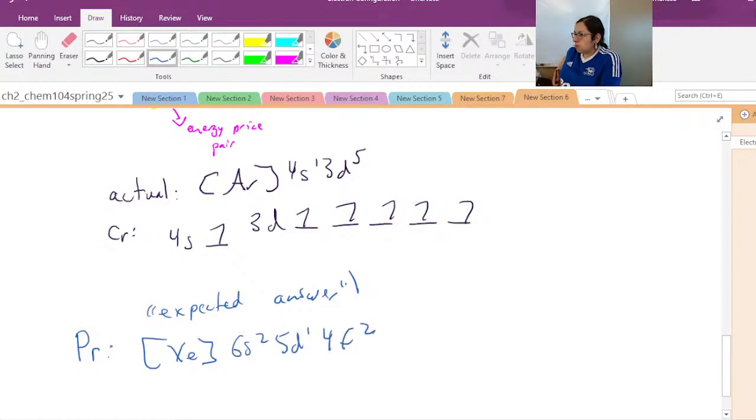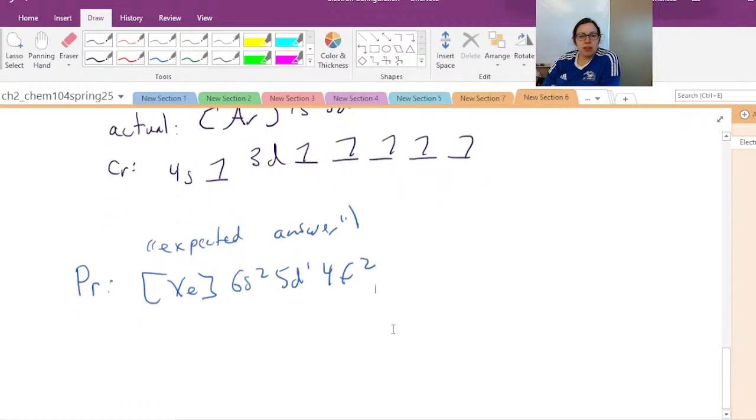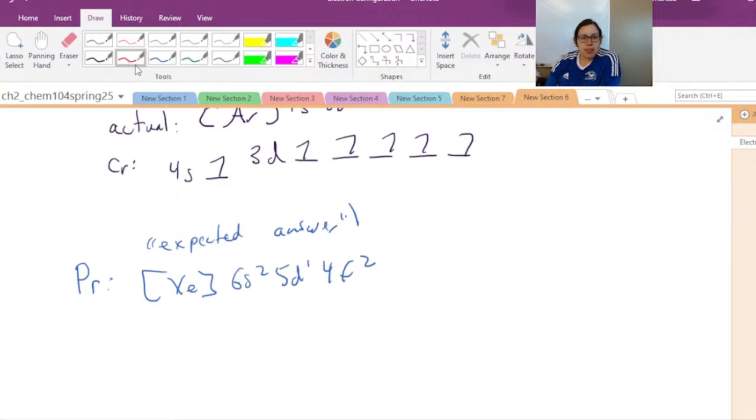And again, what makes it a perfectly acceptable answer is also the total electrons. So xenon's 54, 55, 56, 57, 58, 59. So correct number of total electrons. And that's fine that the actual answer skips the 5D.